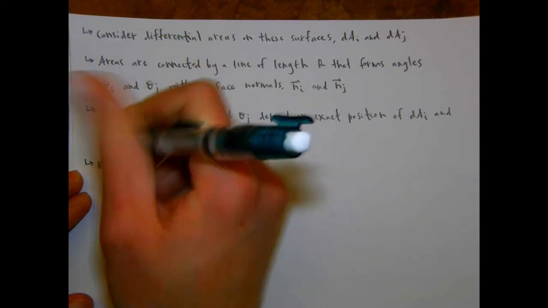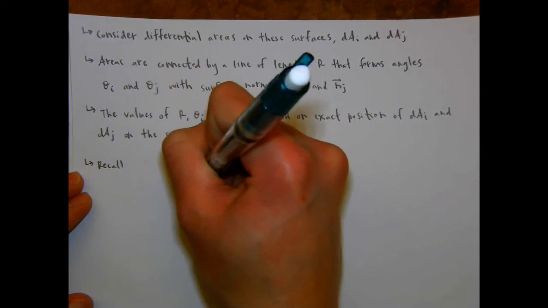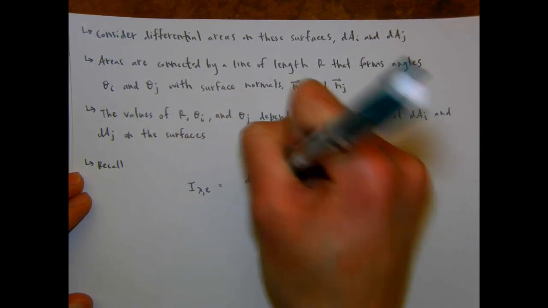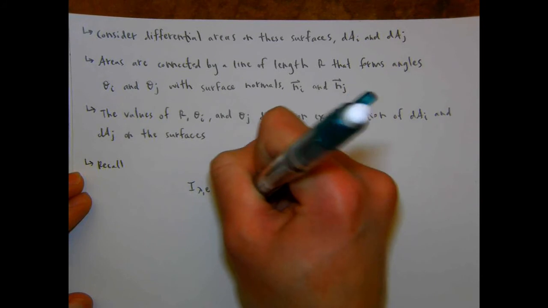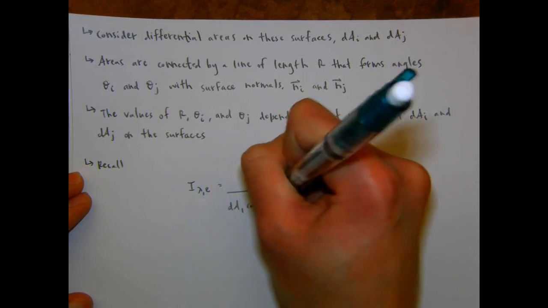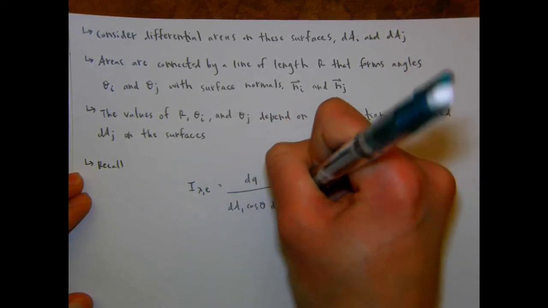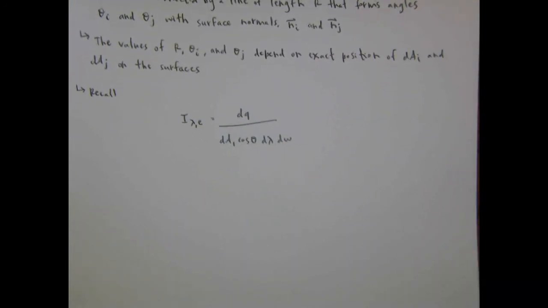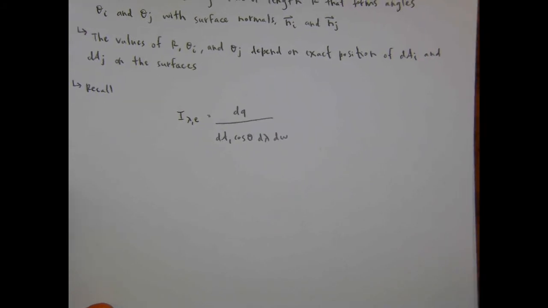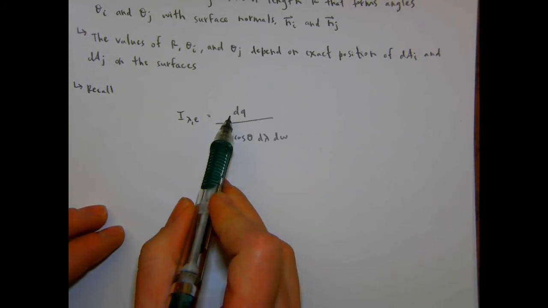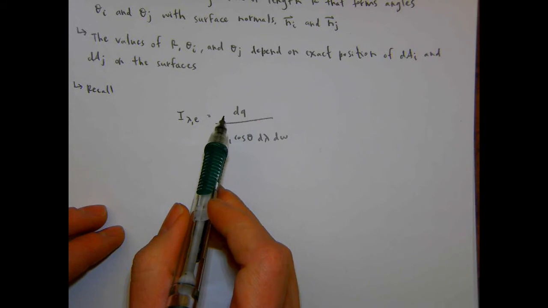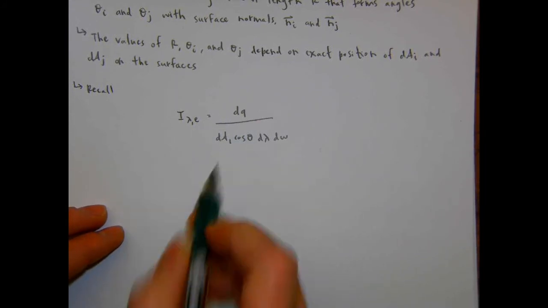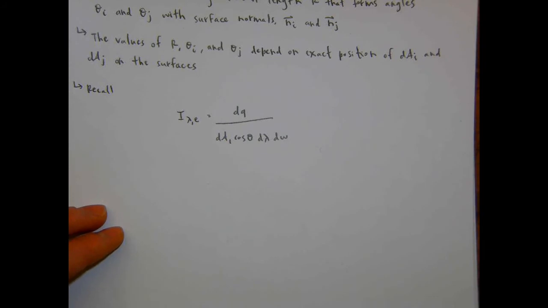Okay, so let's bring back our definition of the spectral intensity. Remember we said this was the rate at which radiation is emitted from this surface, A sub 1, in a specific direction, wavelength, all those things.